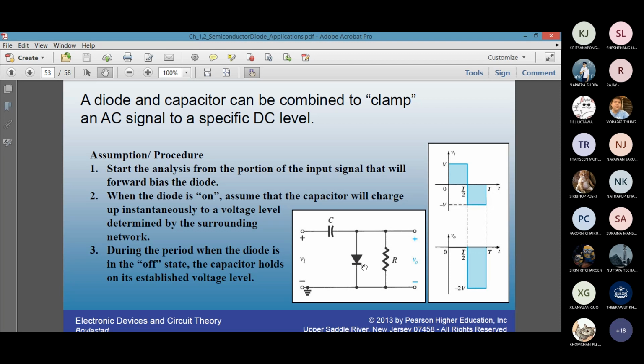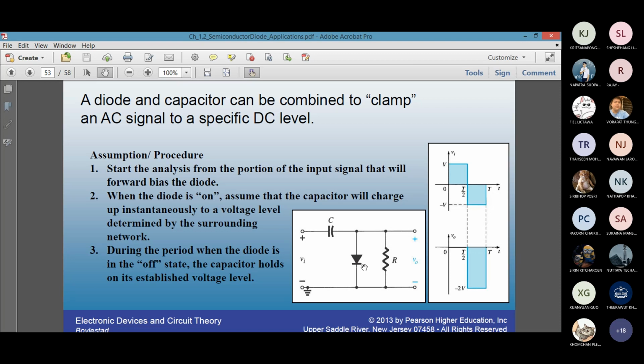Then you go to the next half cycle where the diode is not conducting. In this half cycle, you have to have whatever voltage you found in the conducting cycle for the capacitor, voltage and polarity. In the second half cycle, you have to maintain the same voltage and polarity for the capacitor.